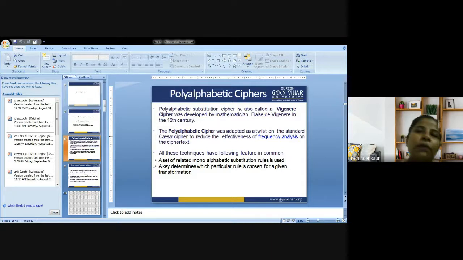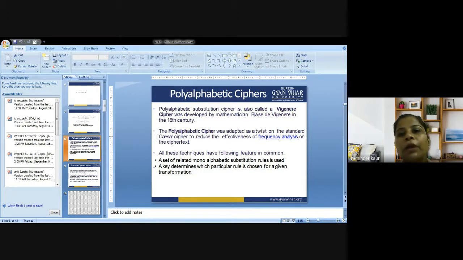For example, if I am going to use the Caesar cipher, then there are certain rules I am going to follow to implement it. Likewise, the monoalphabetic cipher, polyalphabetic cipher and Hill cipher each have their own rules to be followed. So the same is the case here.